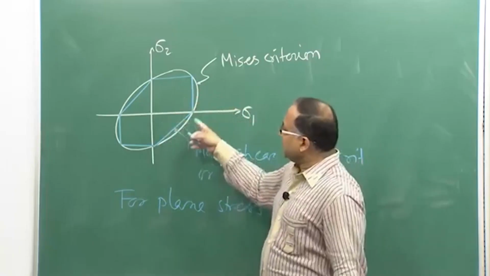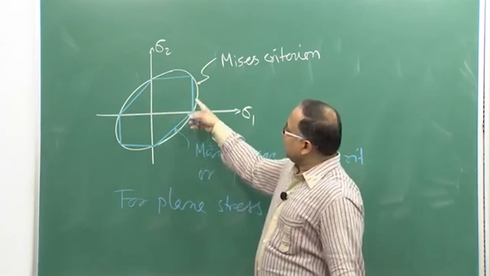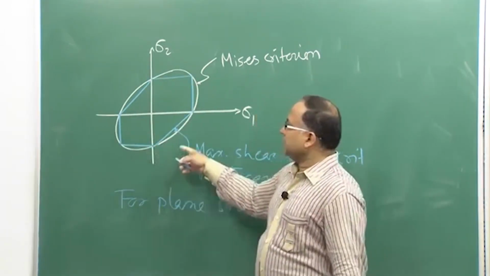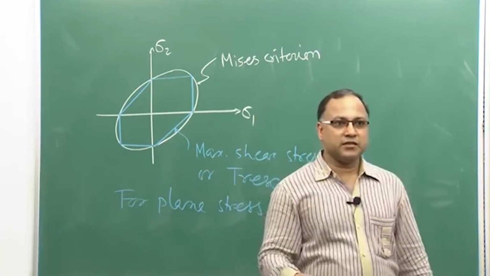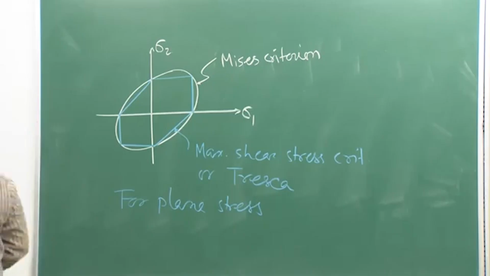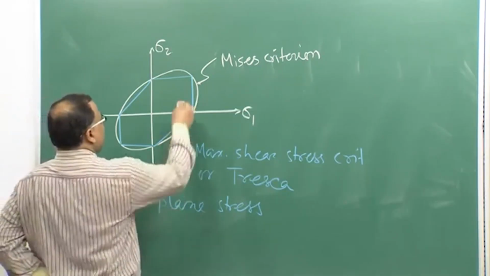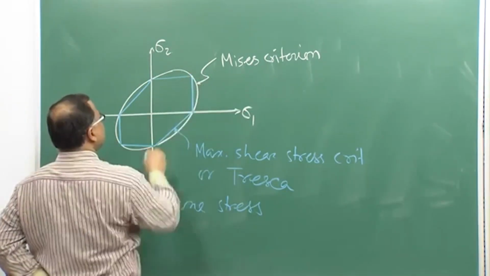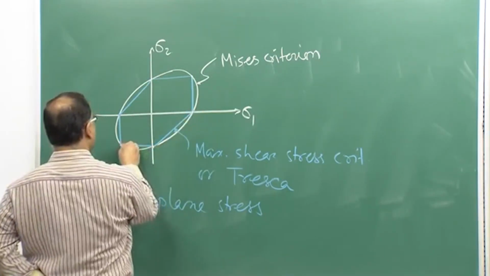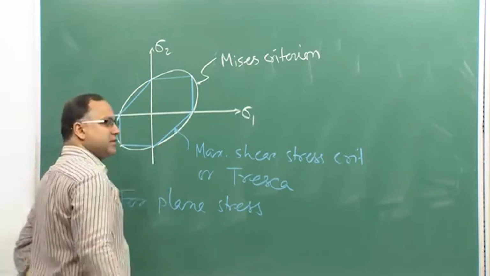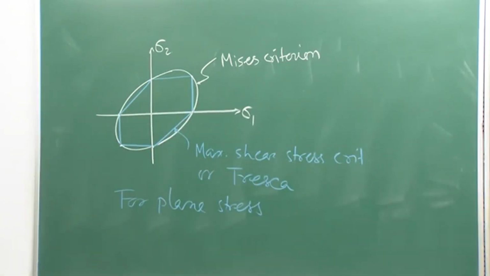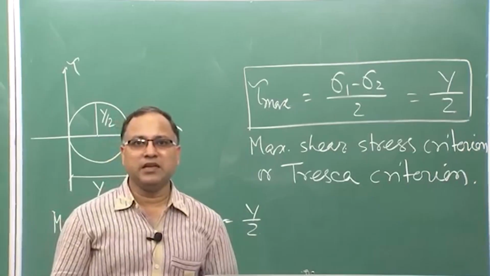So, you can see the Tresca criterion, this blue hexagon, is basically getting inside the von Mises criterion. Then what does it mean? That means at these points, Tresca and von Mises both are defining the same yield condition.